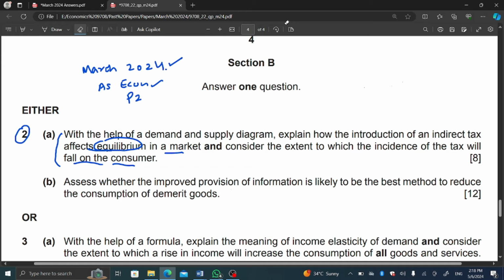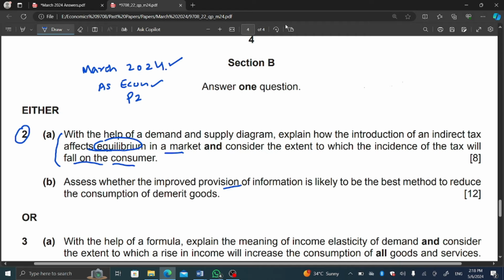Government can also force the producers to publish important information on the labels and packaging of the product as well. It will also create awareness. And then you will say that provision of information will create awareness.